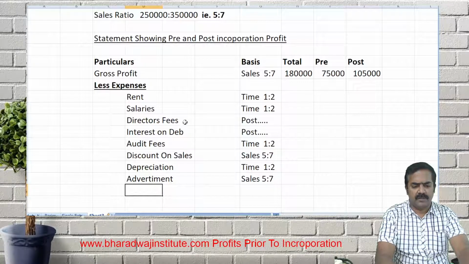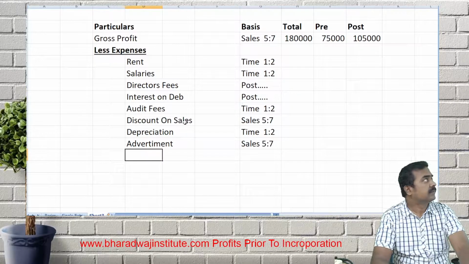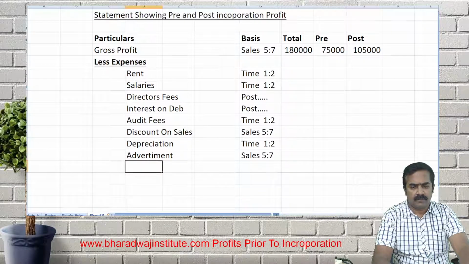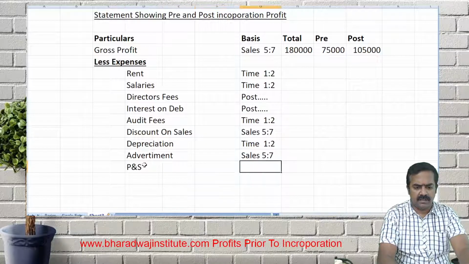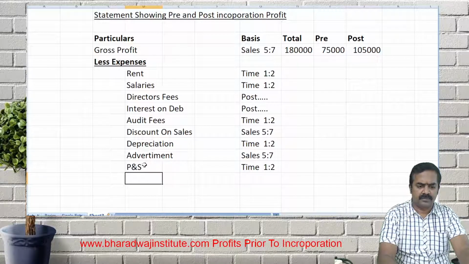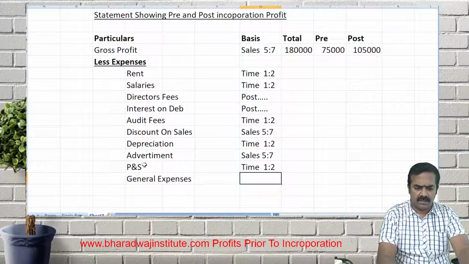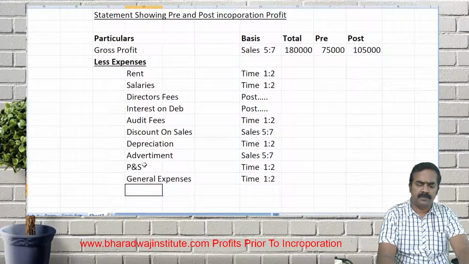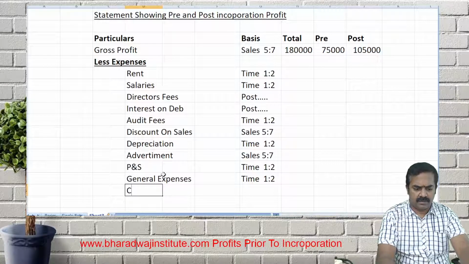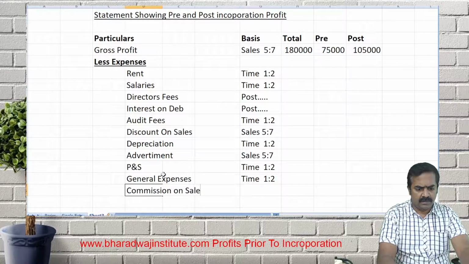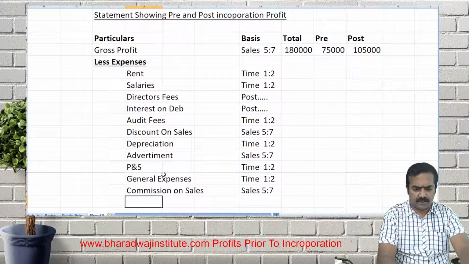Then printing and stationery, time ratio. General expenses, time ratio. Then commission on sales, sales ratio.